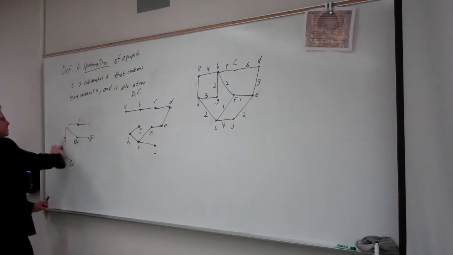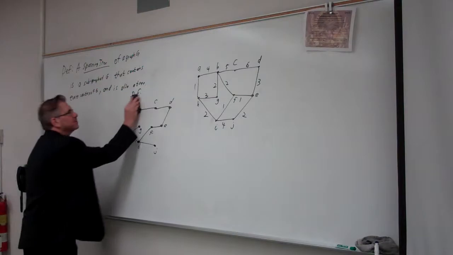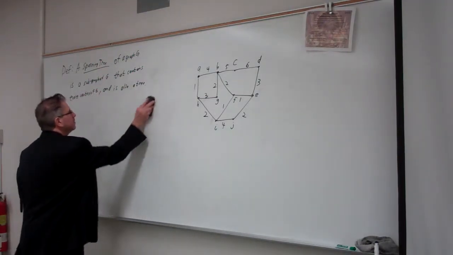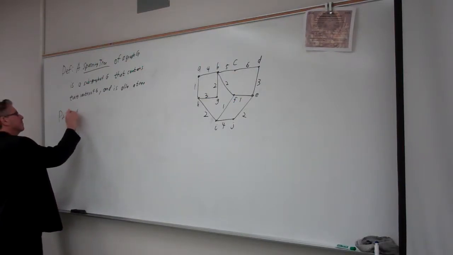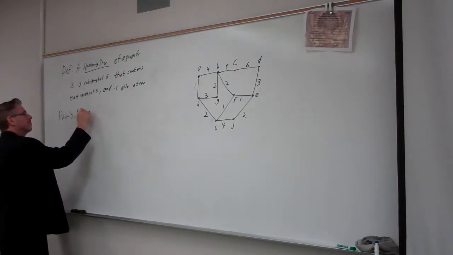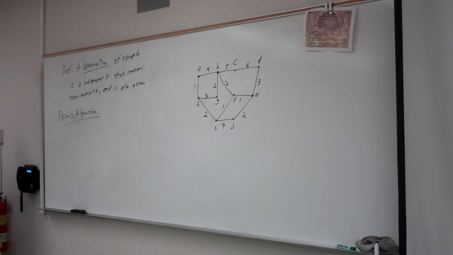So to find a minimum weight spanning tree, it's easy. We can use something called Prim's algorithm. And this is an example of a greedy algorithm.